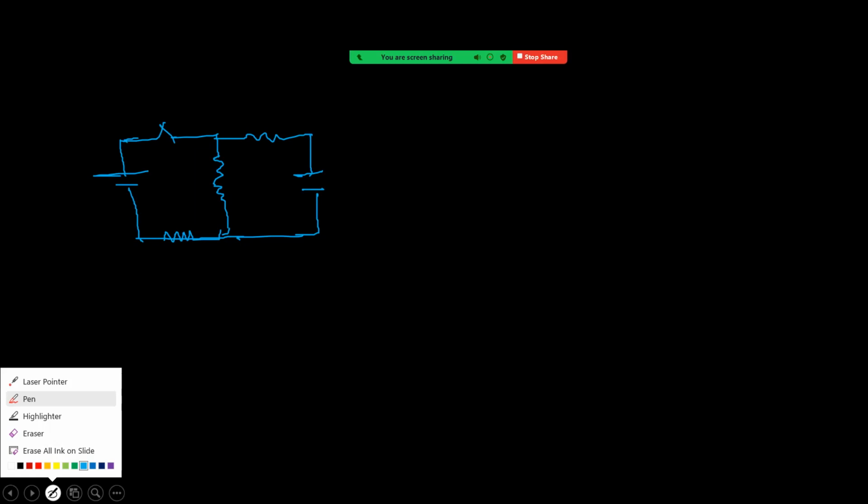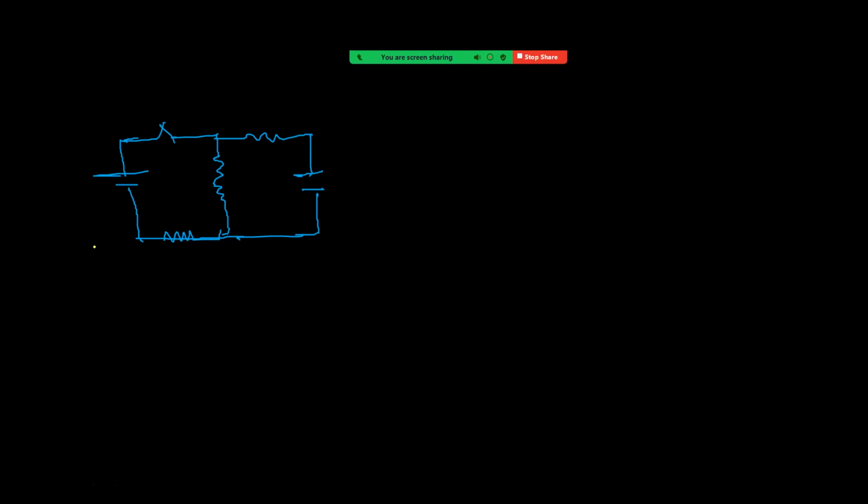Now see carefully. Current flows. Let us say the current is I. Now we have to find the current through AB, right? At the junction, the current divides into two parts: current through the capacitor, that is IC, and current through AB.